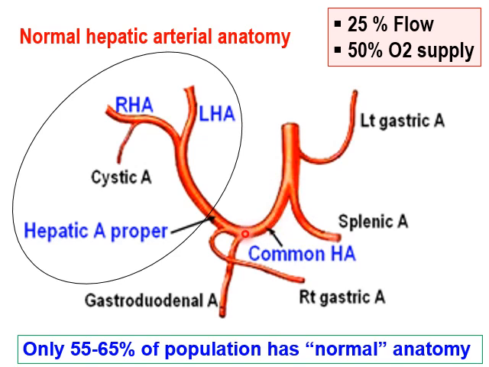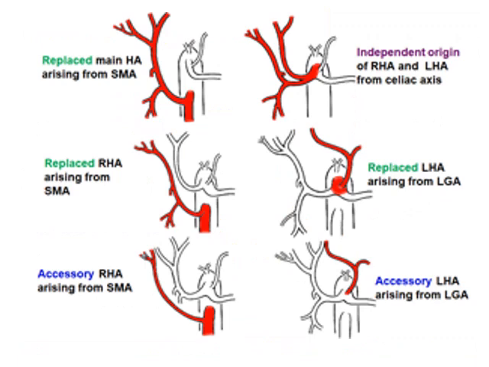The common hepatic artery, after giving the gastroduodenal artery, right gastric artery and the supraduodenal artery, continues as hepatic artery proper, which runs in the hepatoduodenal ligament to reach the hilum of the liver and divide into two terminal branches, left hepatic artery and right hepatic artery. The right hepatic artery, before entering the liver, gives a small branch to the gallbladder called cystic artery.